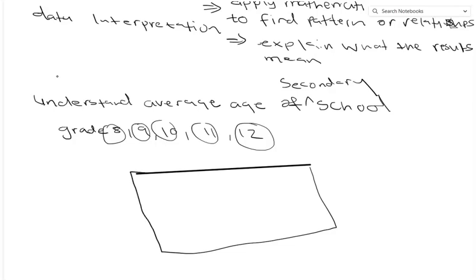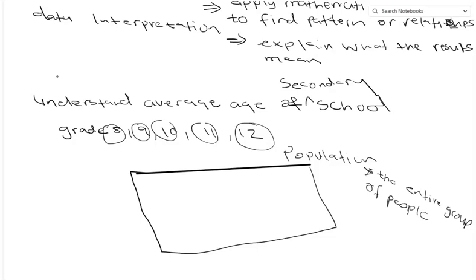It is a population. What do I mean by a population? It is the entire group of people. Here, population means the entire group of people.